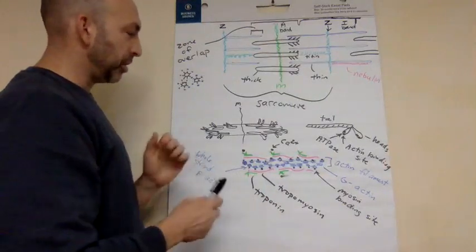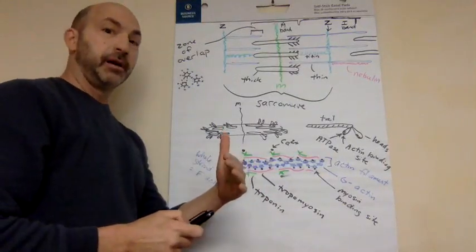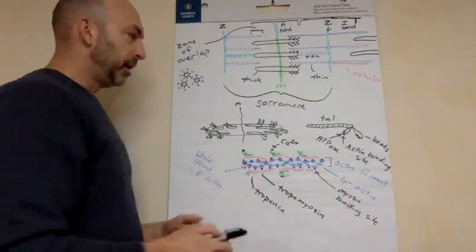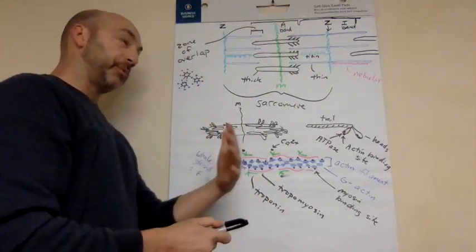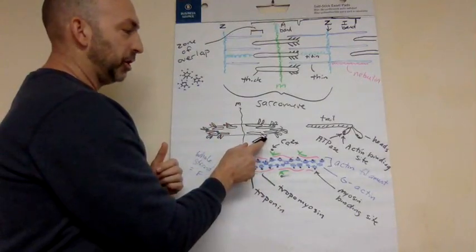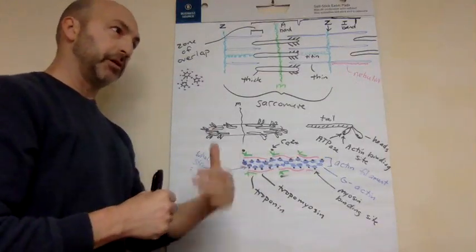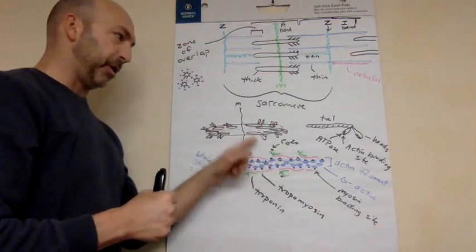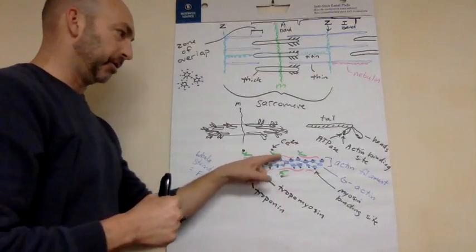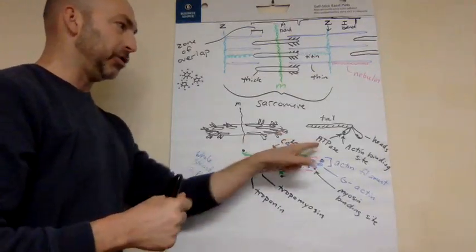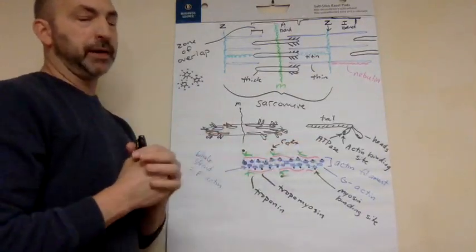And again, cross-bridges are the basis of muscle tension production, and a cross-bridge is the connection of the myosin head to the actin molecule. And remember, as long as you have that exposure because the tropomyosin is out of the way and you have ATP, you will get muscle shortening.